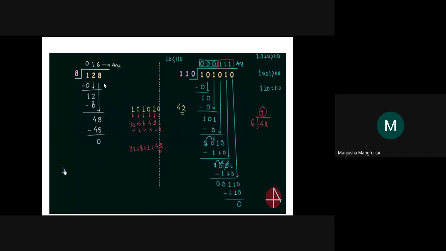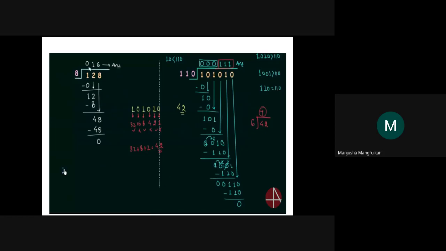Suppose 128 is divided by 8. First we think about the first digit: 1 is less than 8, so we subtract 0 and put 0 in the quotient. So 1 minus 0 is 1. We take the next digit, which makes 12. Now 12 is greater than 8, so we divide it. Our dividend is divided by the divisor 8.